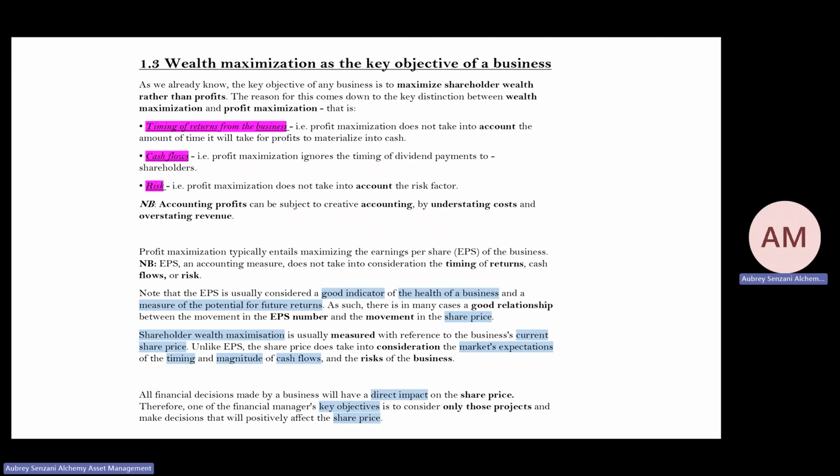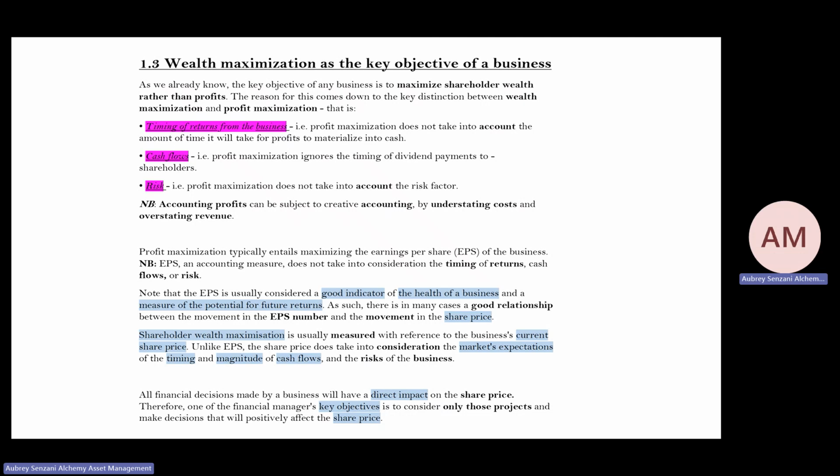Note that earnings per share is usually considered a good indicator of the health of a business and a measure of the potential for future returns. As such, there is, in many cases, a good relationship between the movement in the EPS number and the movement in the share price.